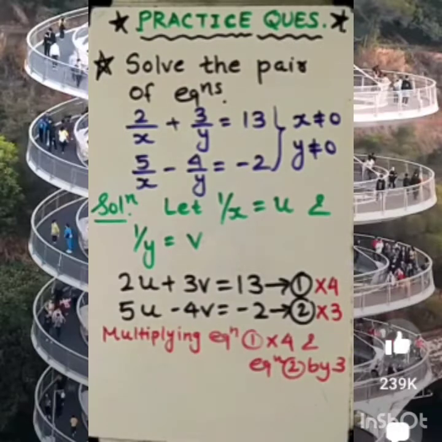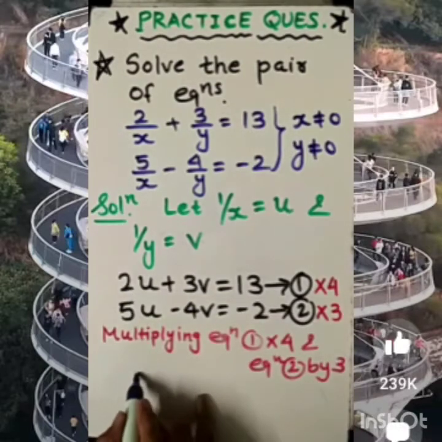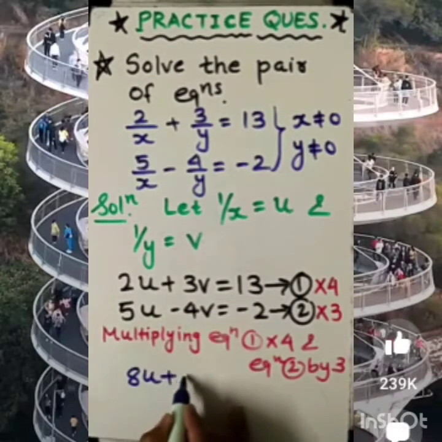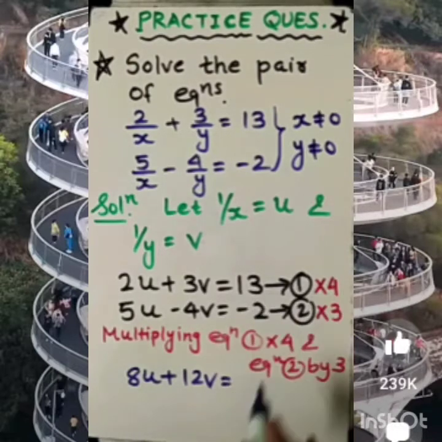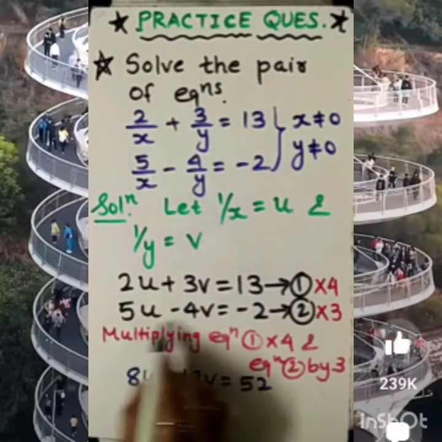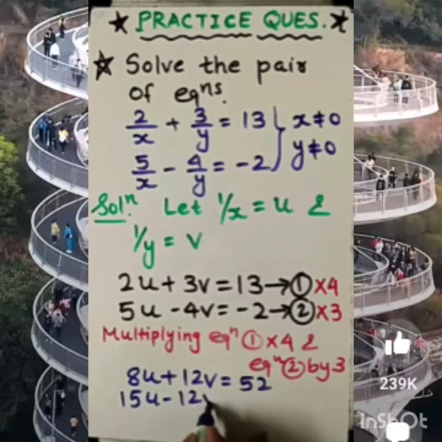If I multiply the first equation by 4: 4 2s are 8, 3 4s are 12, 13 4s are 52. Now the second equation I am multiplying by 3: 5 3s are 15, 4 3s are 12, and 2 3s are 6.